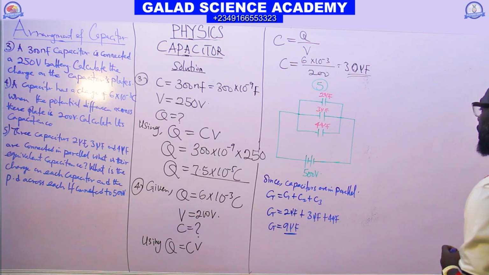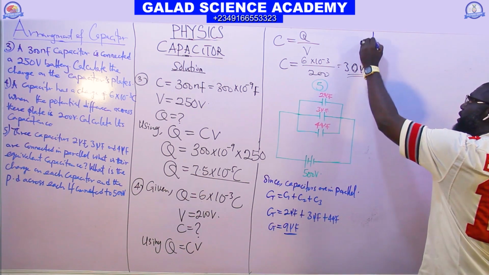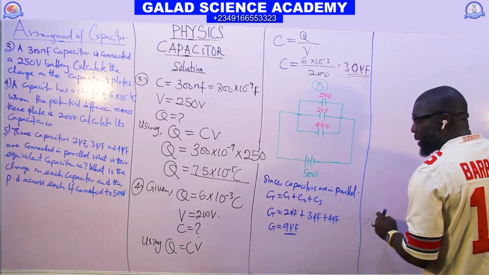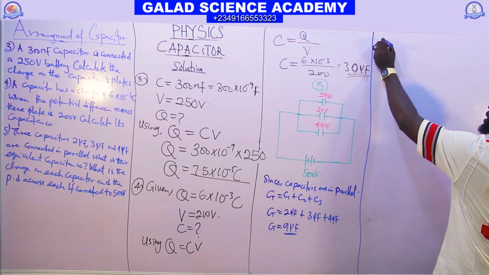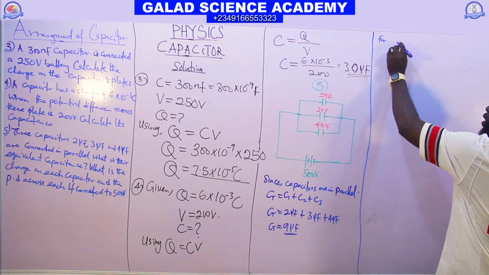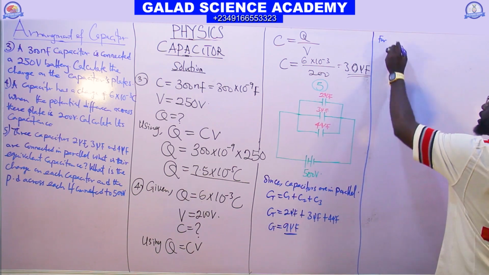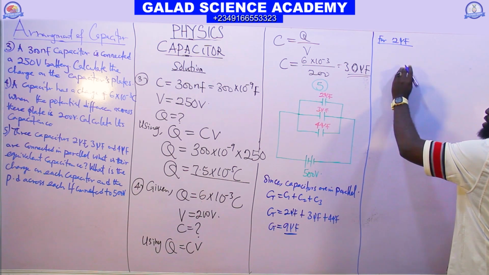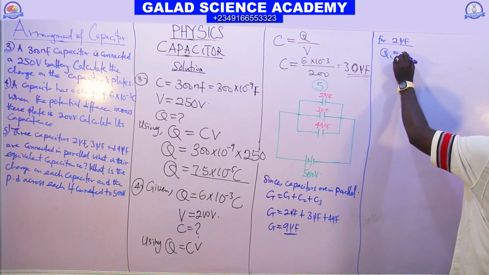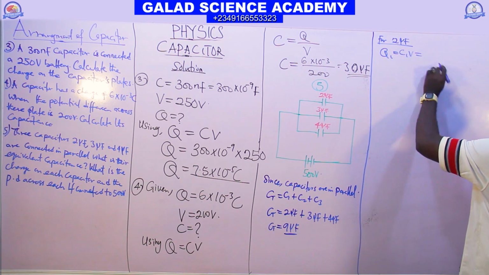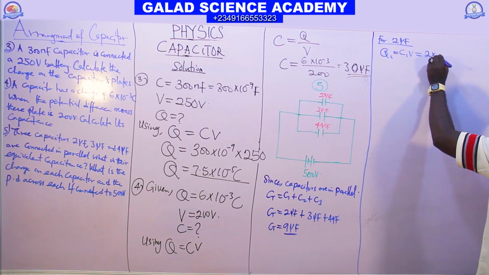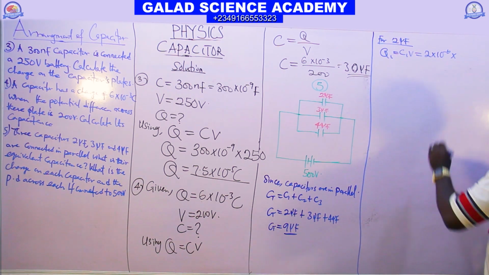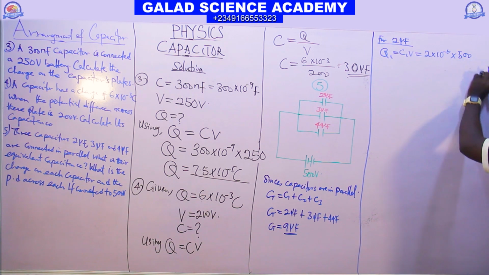The second question asks us to find the charge on each capacitor. For the capacitor of 2 microfarad, Q1 equals C1 V. C1 is 2 times 10 raised to the power minus 6, multiplied by V, which is 500 volts.